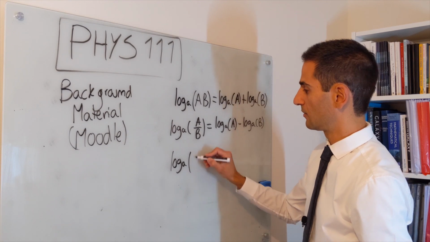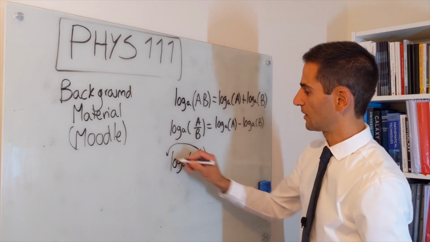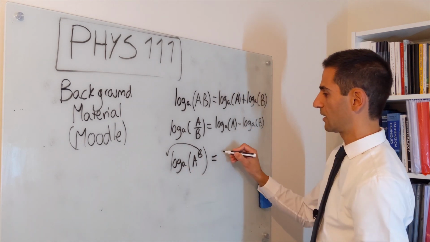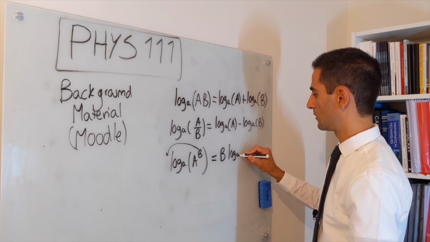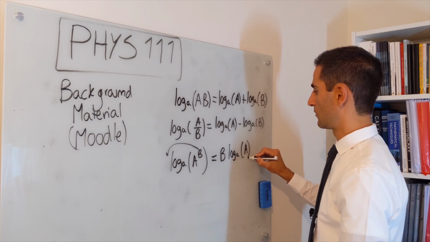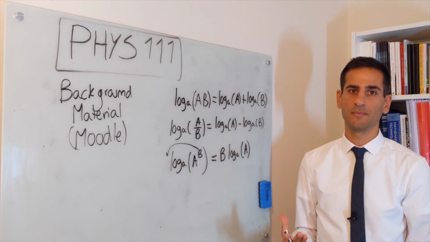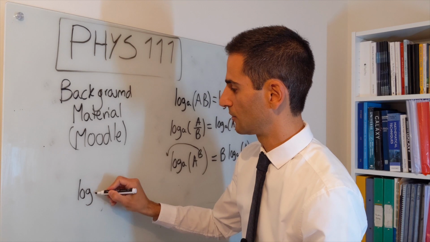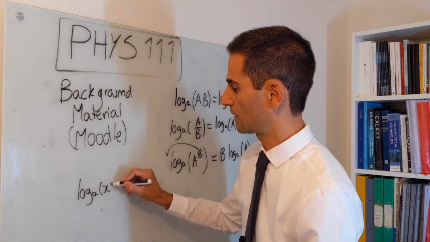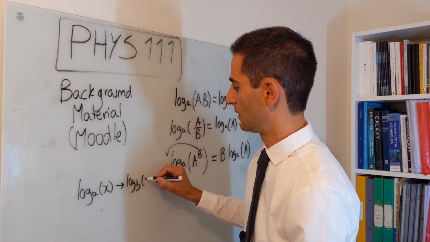Log of a to the power of b is the same as taking the exponent out as a constant: b log a. This is actually the property you need in case you want to go from log base a of x to log base b of x.